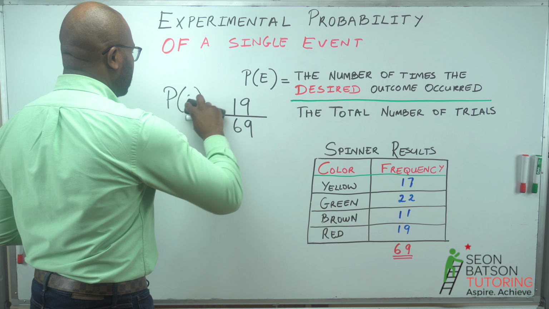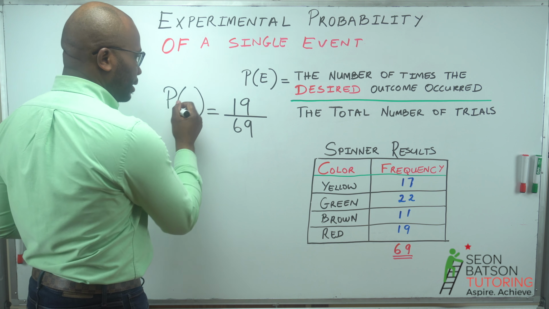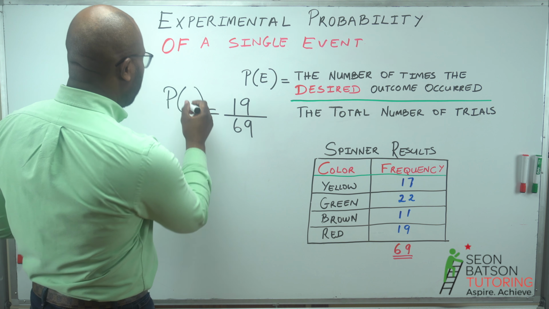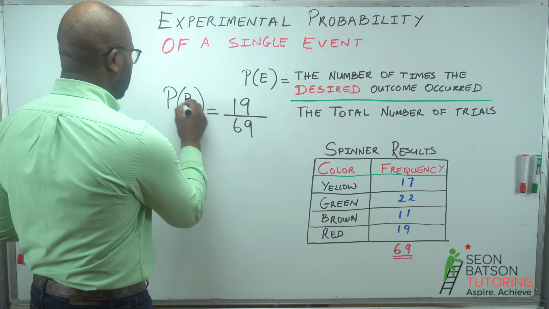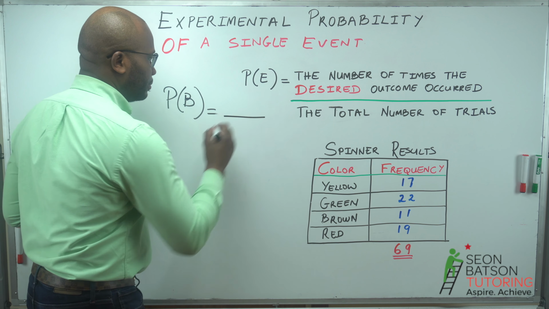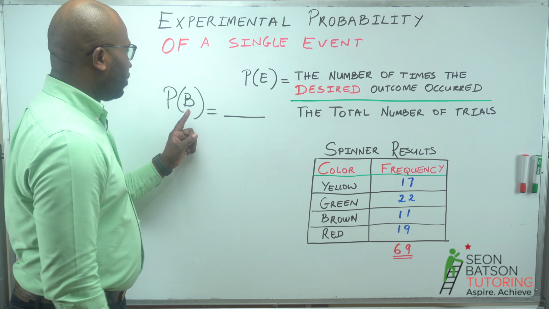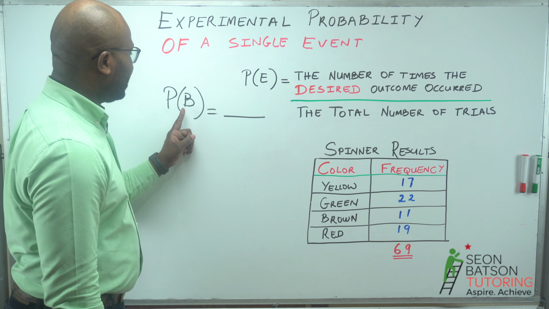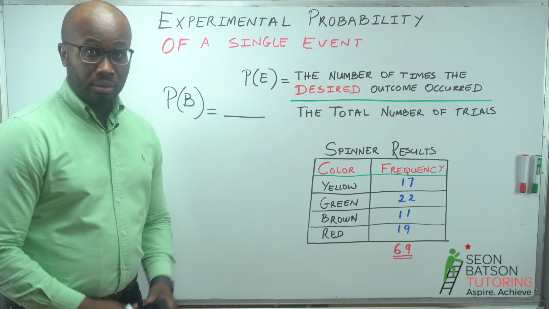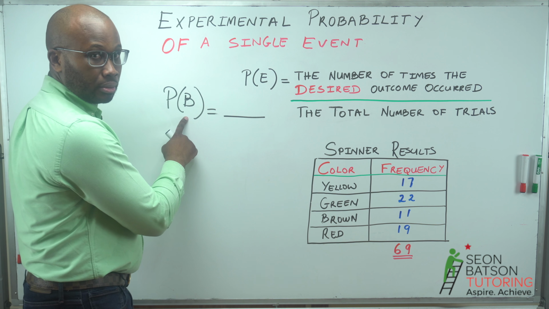What if I want to find out the probability of me getting brown the next time I spin the spinner? In this case, my desired outcome will be brown.